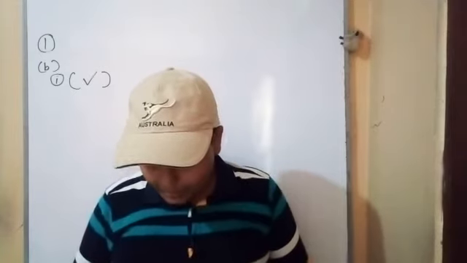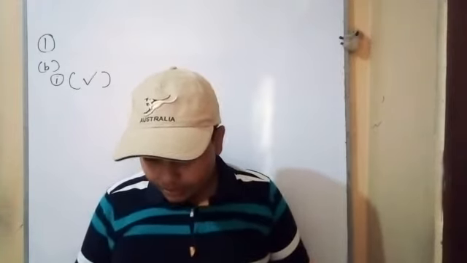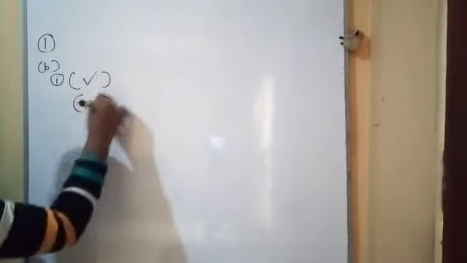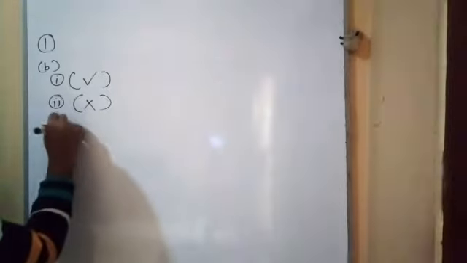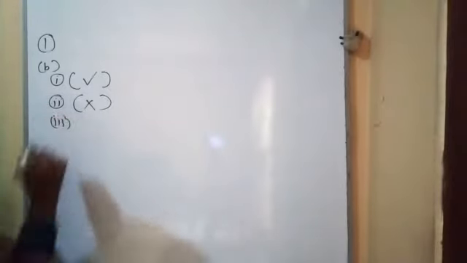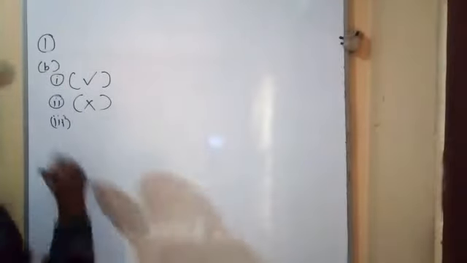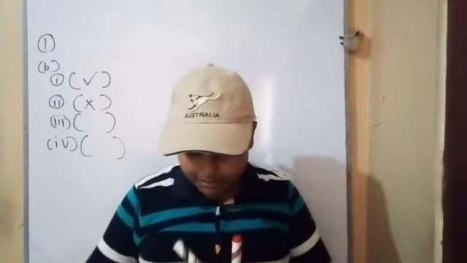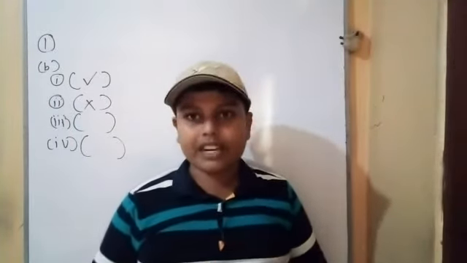The second one, P is an element of D. Is P in the D set? No. Wrong. Now the third one, all the elements of C are even numbers.